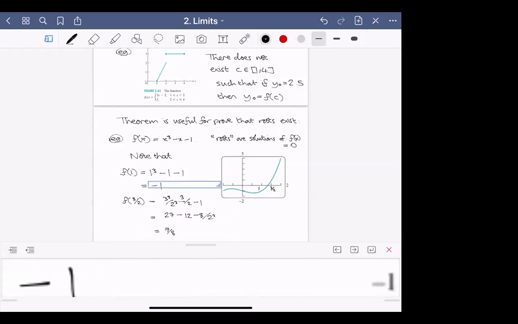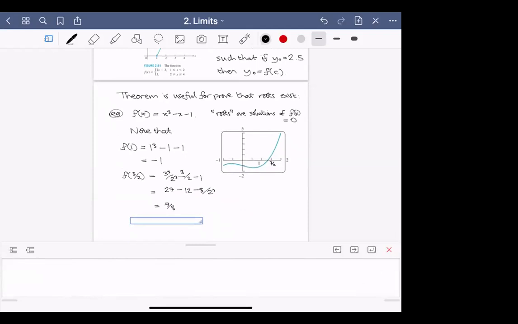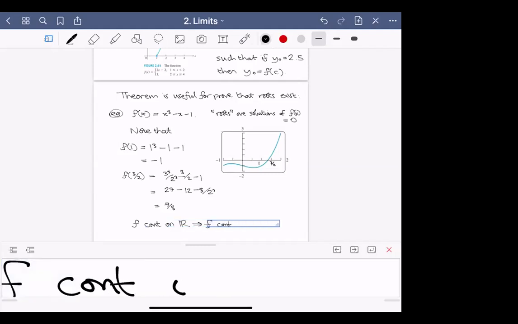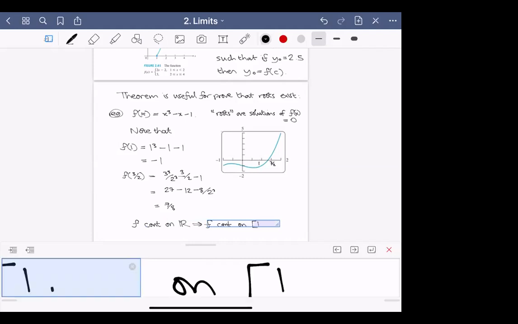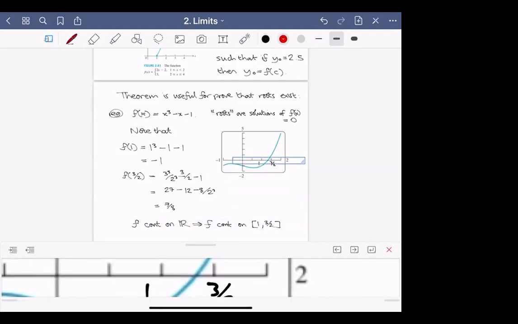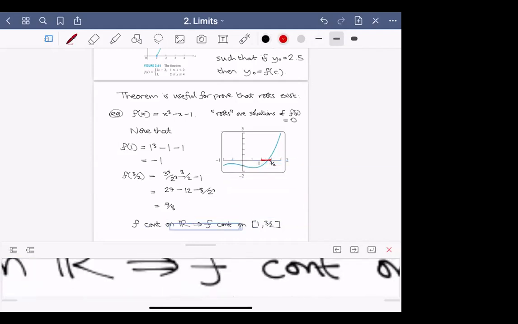And so we can now prove that there's a root between 1 and 3 over 2. How do we do that? So f is continuous on R because it's a polynomial. So f is continuous on a smaller domain, for instance, 1 to 3 over 2.